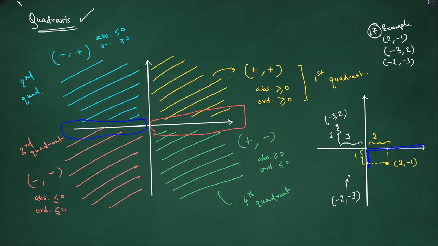In the next lecture, we are going to cover the concept of distance formula. And after the distance formula, we will move into another concept, which is called the section formula.